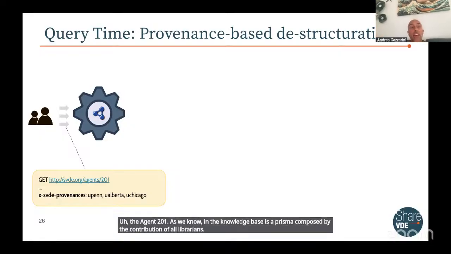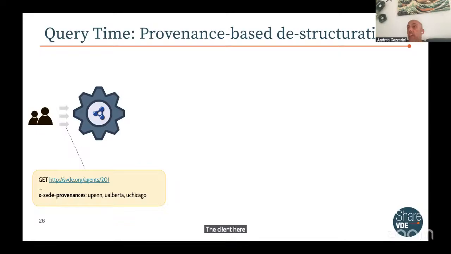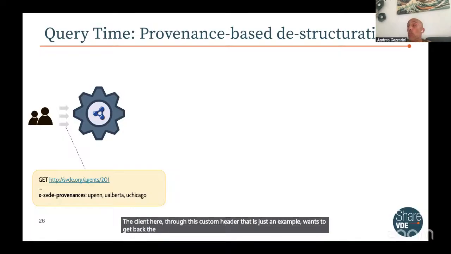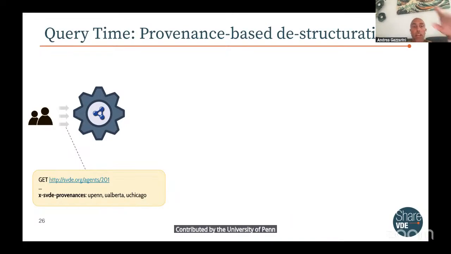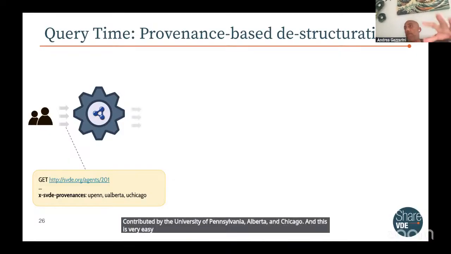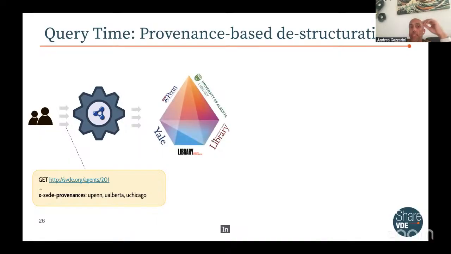The client here, through this custom header, but it is just an example, wants to get back the agent 201, but it wants only the phases contributed by the University of Pennsylvania, Alberta, and Chicago. And this is very easy in this context, because we know that we have a prism.